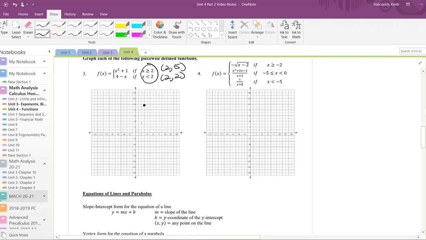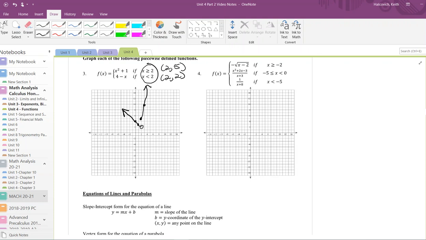So 2, 5 would be right here, and it's going to go up like that. 2, 2 would be right here, and then 1, 3, and then 0, 4. So the line's going to go like that. So there's your piecewise definition for the graph for number 3.